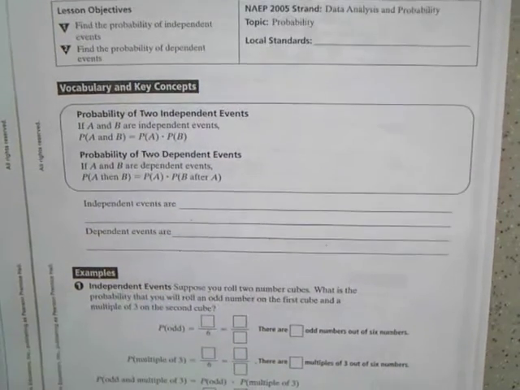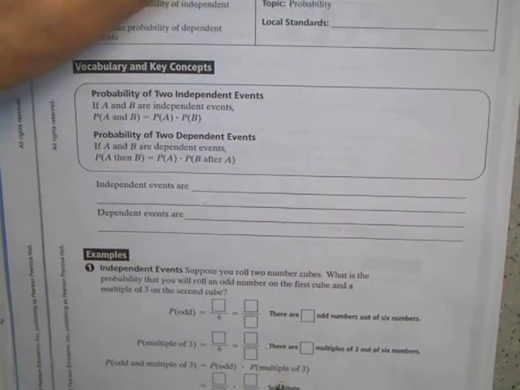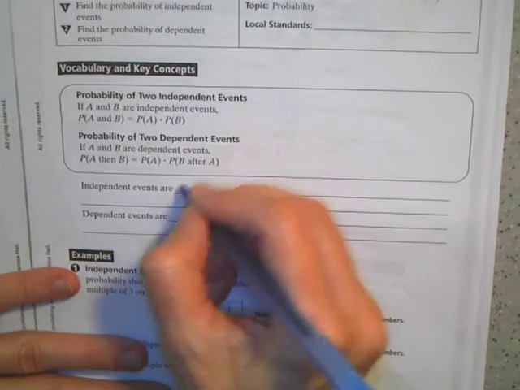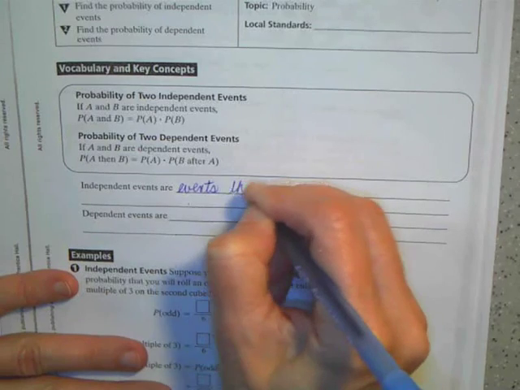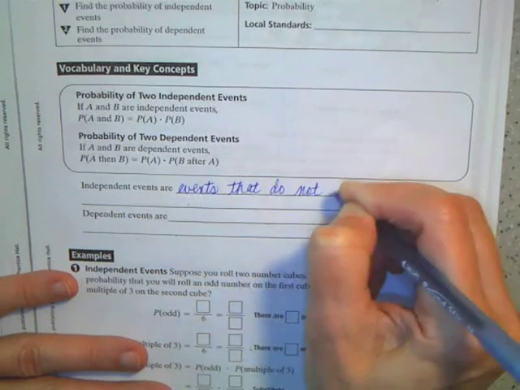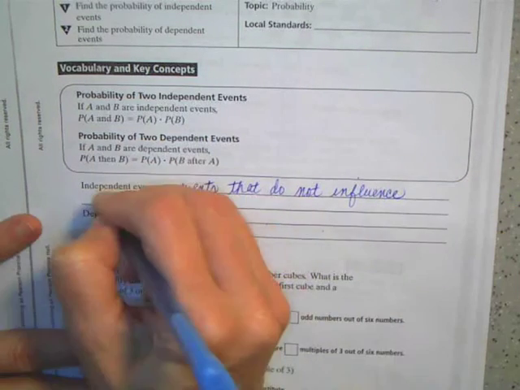Okay, so to clarify just a bit, independent events are events that do not influence or affect one another.